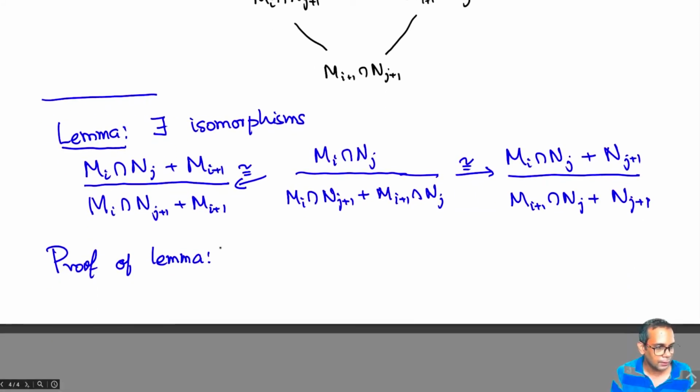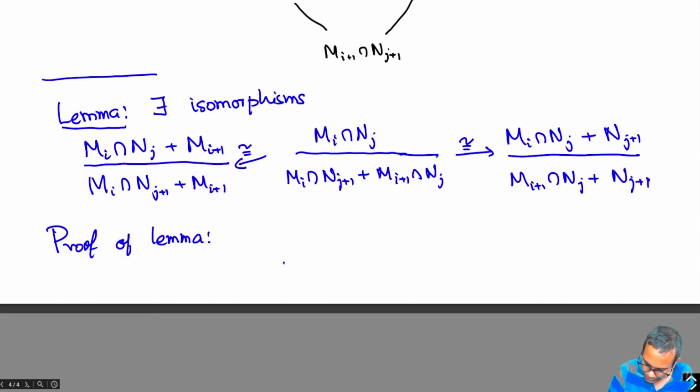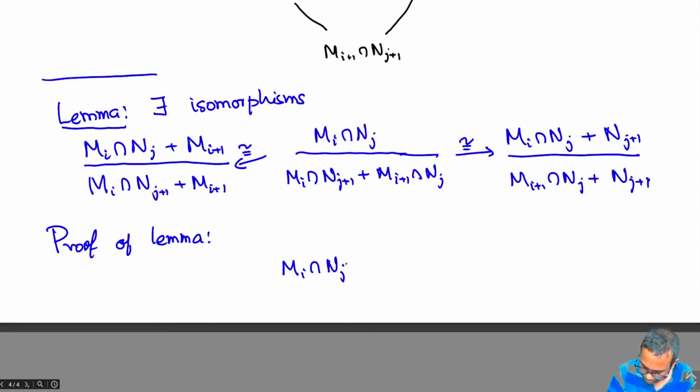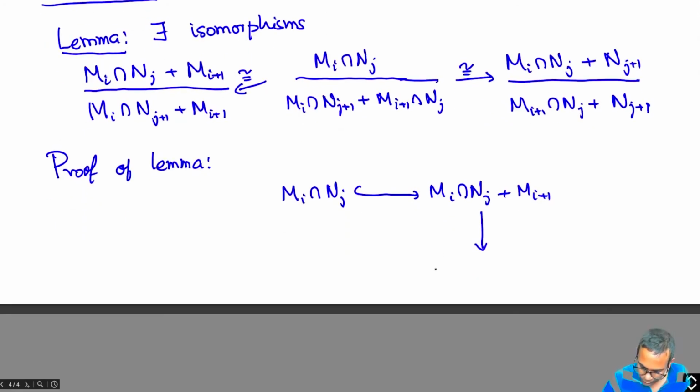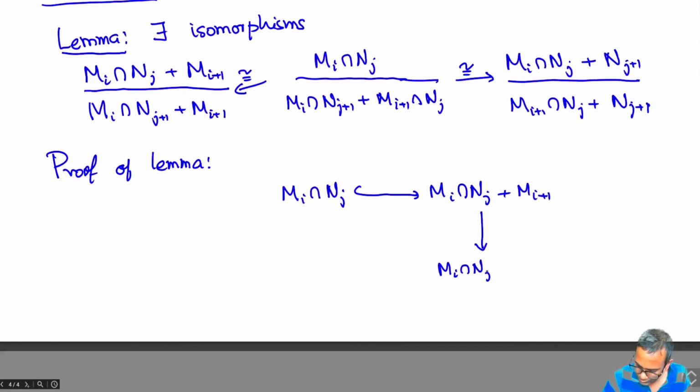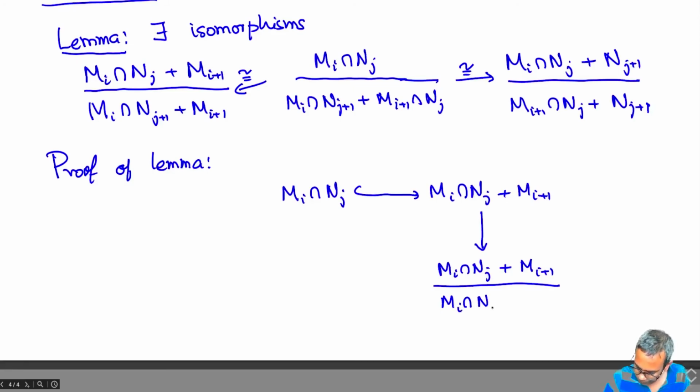So what you do is, you have mi intersect nj. So let's define. We have mi intersect nj, and this is a submodule of mi intersect nj plus mi plus 1. But that has a surjective map onto the quotient module mi intersect nj plus mi plus 1 mod mi intersect nj plus 1 plus mi plus 1.